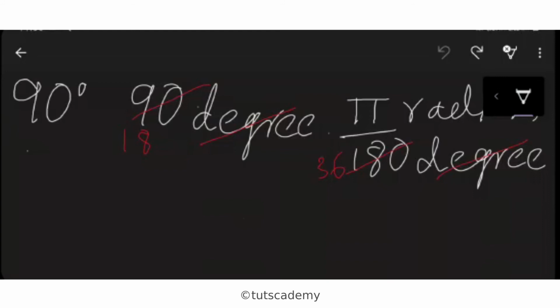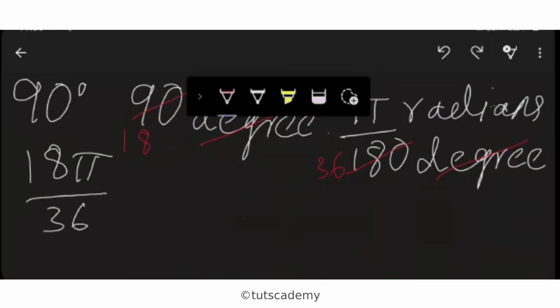So now we can write it out as 18 pi over 36. Can we simplify it again? Yes, we can. I'm going to be simplifying it by 2. 2 nines are 18, and 2 eighteens are 36.